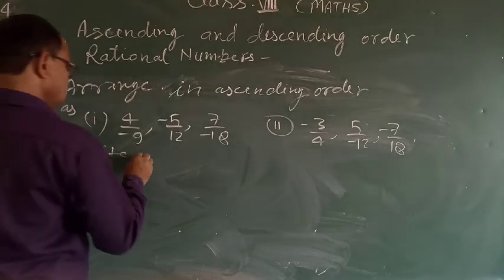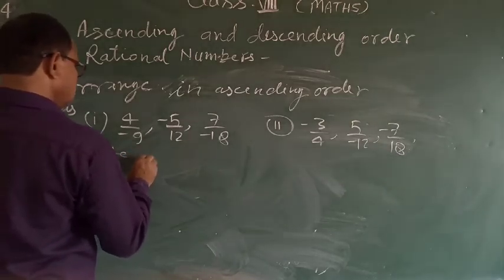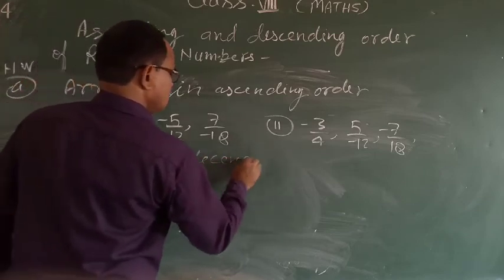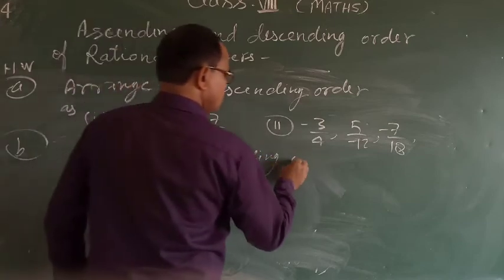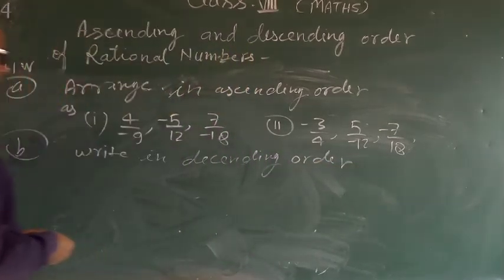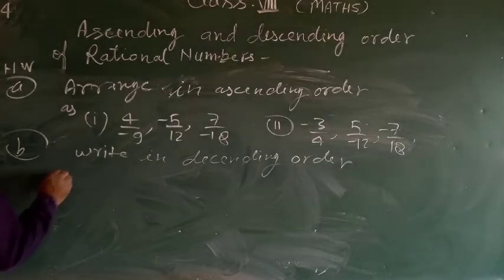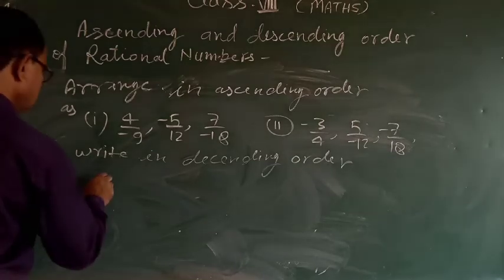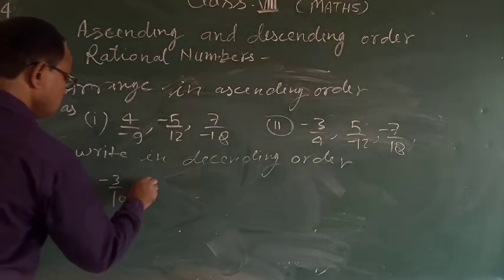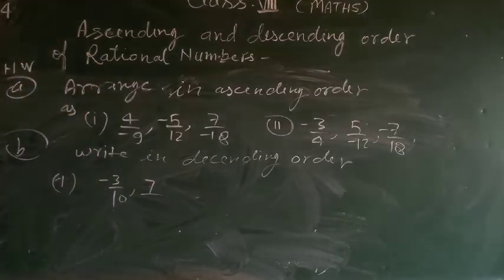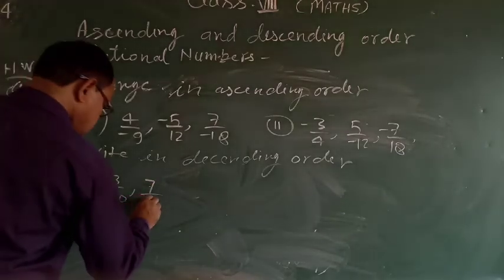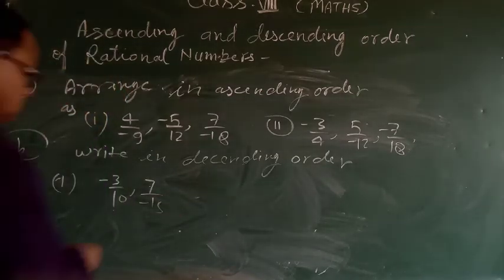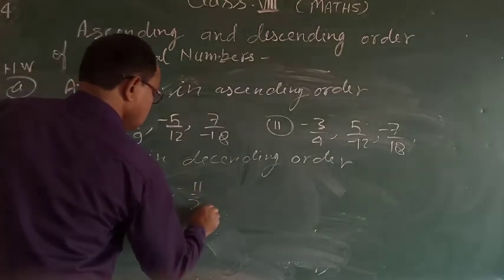And B: write in descending order: minus 3 upon 10, 7 upon minus 15, 20.